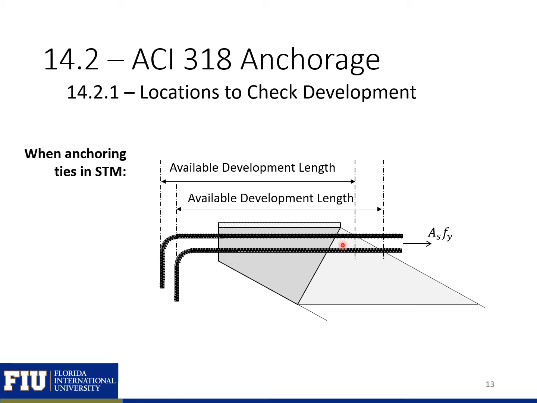So we need to make sure that we have a sufficient development length from the back of that bar or the back of the hook here to when we leave the extended nodal zone to develop Fy. If we don't, then we either need to increase the hook or look at some kind of alternate anchoring, like a headed bar or a steel plate or something.